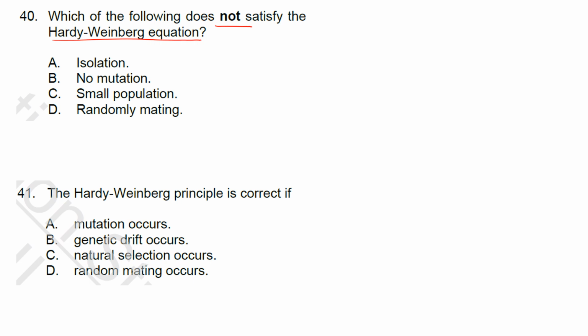In order for the allele or genotype frequency to remain the same, there are 5 conditions that have to be followed. The first one is that the population must be large. The population of the species concerned must be large. Second, mating is random.